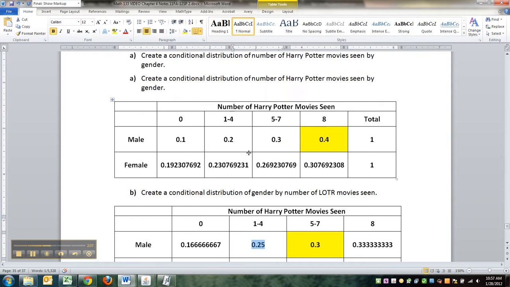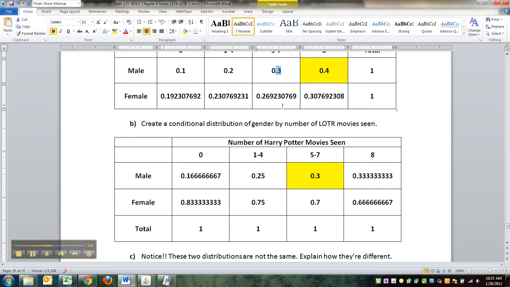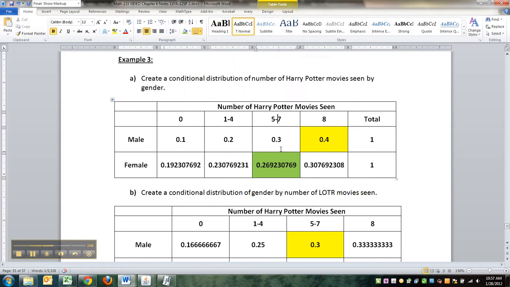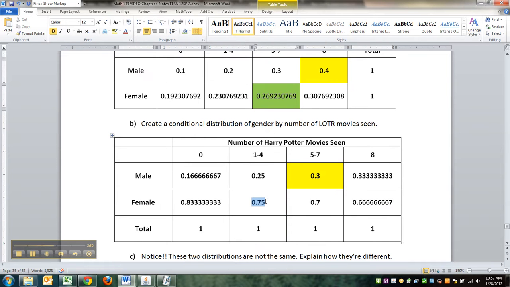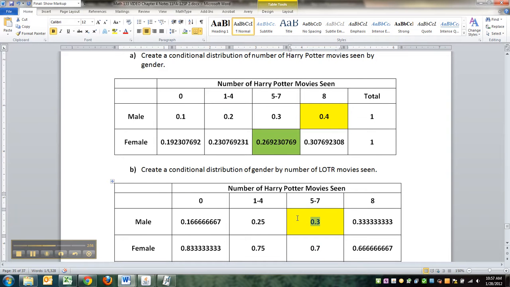Like this one right here, let me pick a woman. I'll do a female thing. Okay, so this is saying 26% of all the women have seen 5 through 7 of the movies. Whereas down here, you're saying, okay, out of all the people that have seen 5 through 7 of the movies, oh, I highlighted the wrong thing. Hold on.